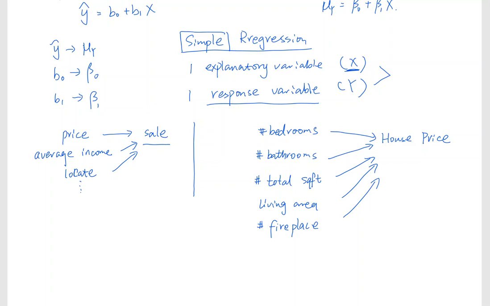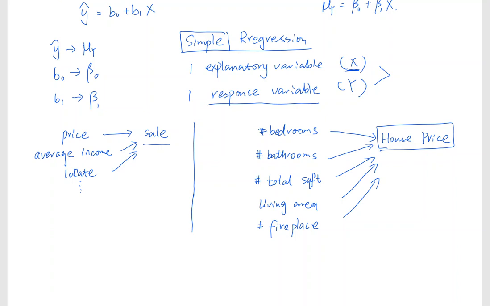Some of them may have a strong relationship with the house price. Some of them may not have that strong a relationship. But actually, every one of them should have some effect on the response variable, house price, right? So now we will not only focus on one of them, we will use the combination of these effects to make the prediction about the response variable. So these are all explanatory variables.